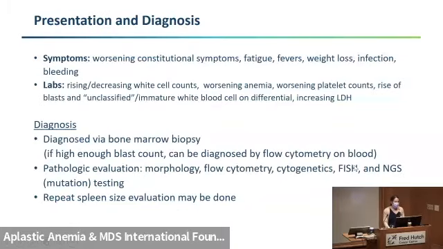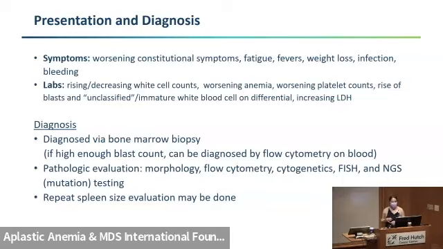So how do people present, or how do you know if there's concern for transformation? One is symptoms. Patients can have worsening constitutional symptoms, fatigue, fevers, weight loss, infections related to lowering of white blood count, and bleeding if the platelets are lower. And then labs, and this is something we're always looking for when we are looking at your CBCs: a rising white count.